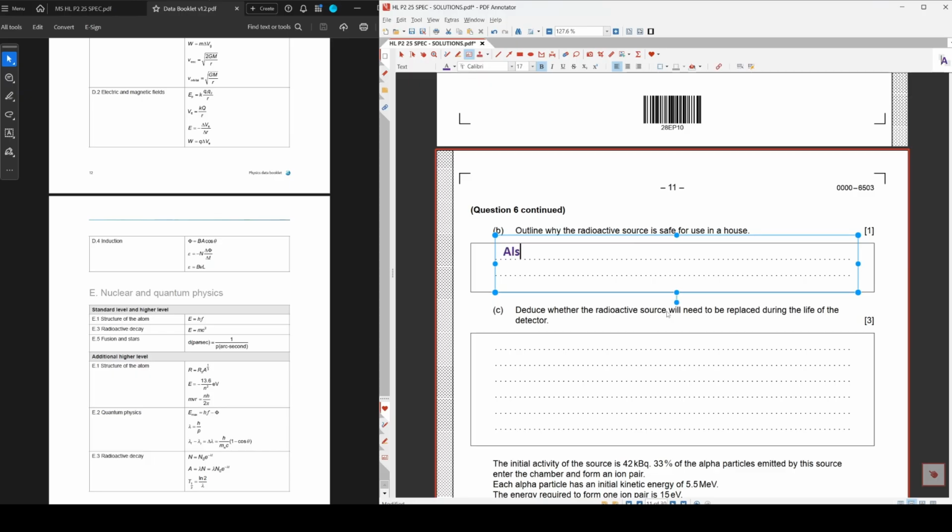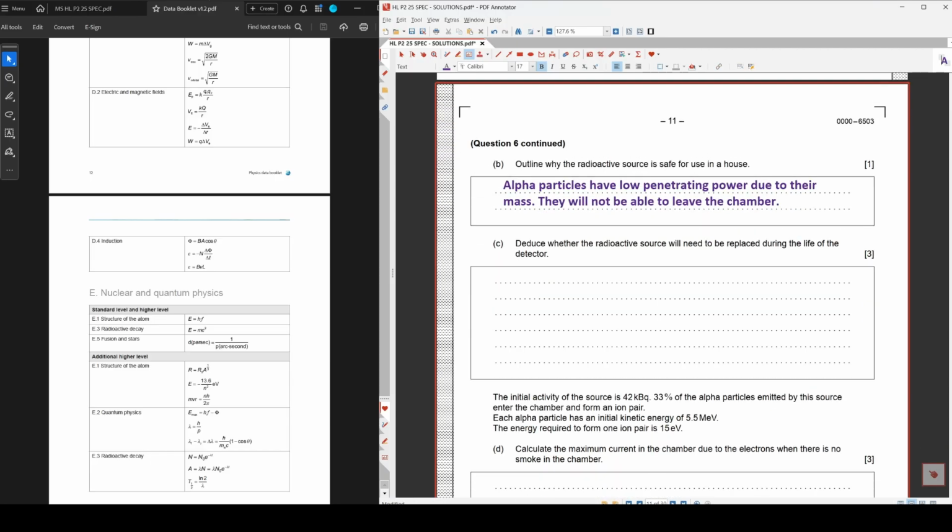So I could say: alpha particles have low penetrating power due to their mass. They will not be able to, let's say, leave the chamber. That's it.